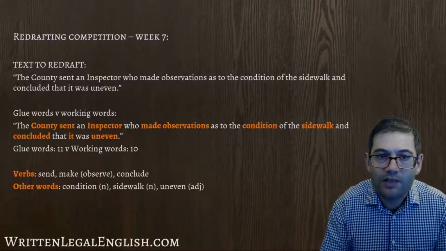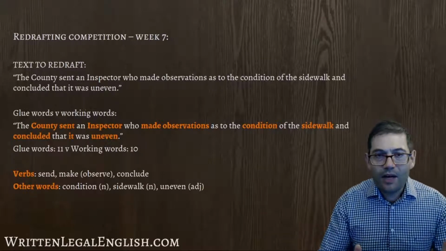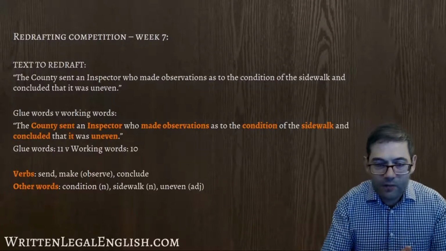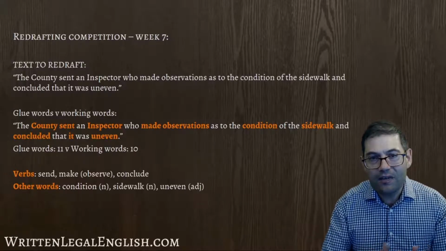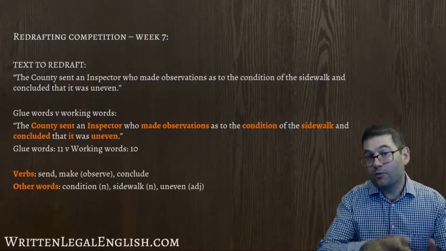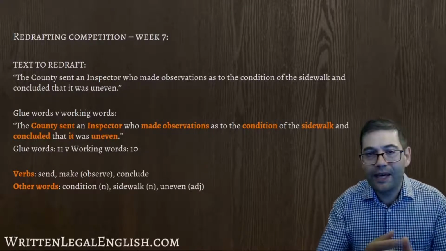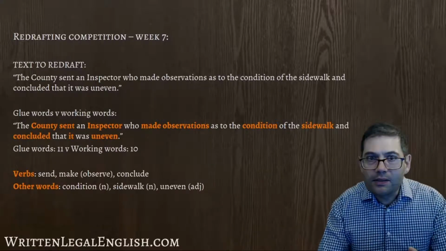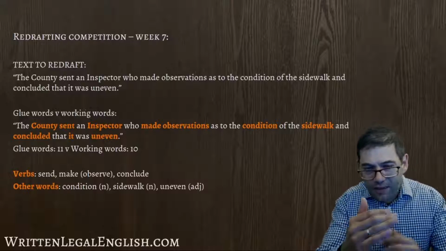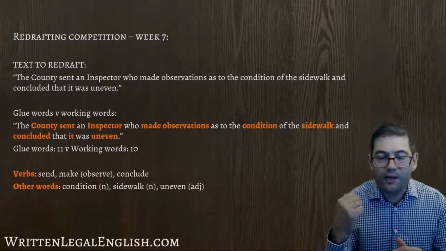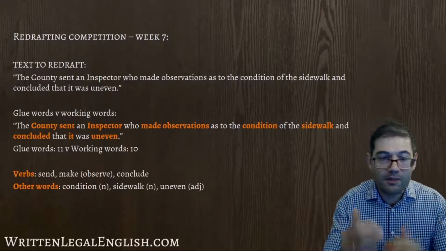Then we've got other words that might help: condition, sidewalk or pavement, which are both nouns, and uneven, which is an adjective. Of course, I haven't included potential personal nouns, for example county or inspector. So we've got those words, and I've presented them in two different ways: glue words and working words, and the other way, verbs and other words.